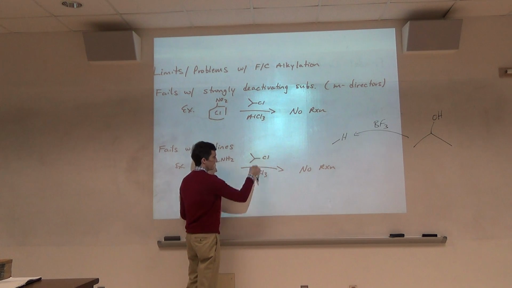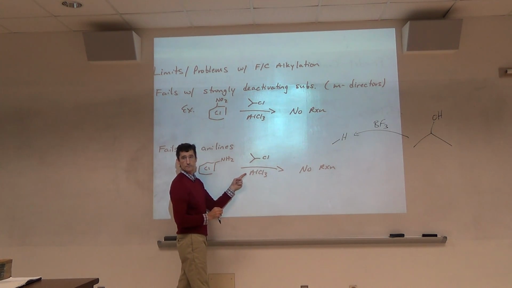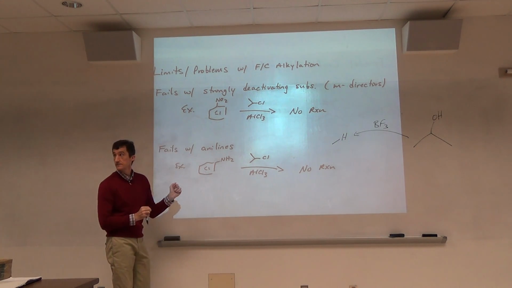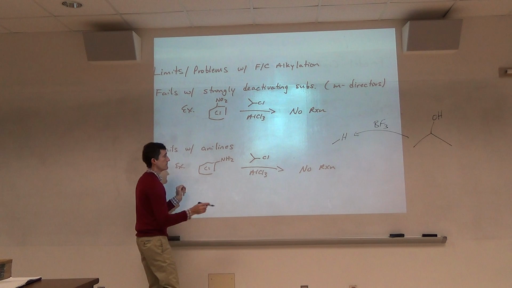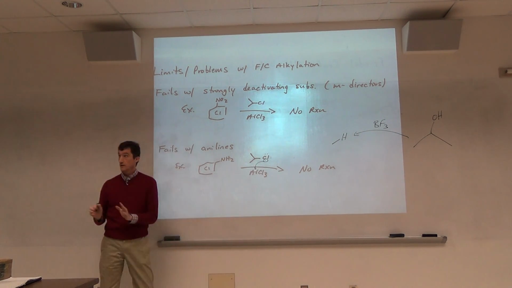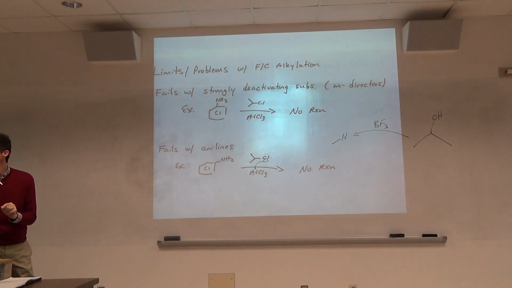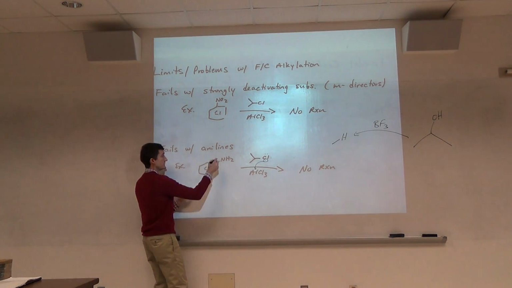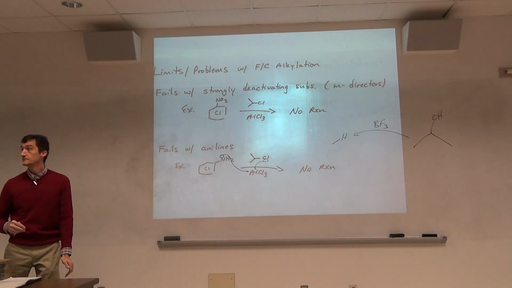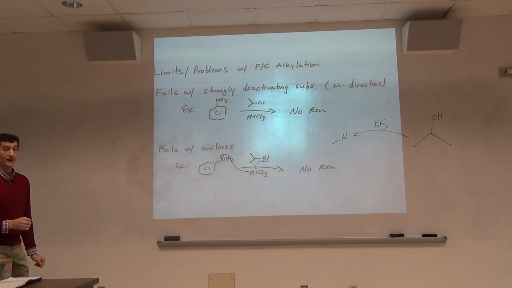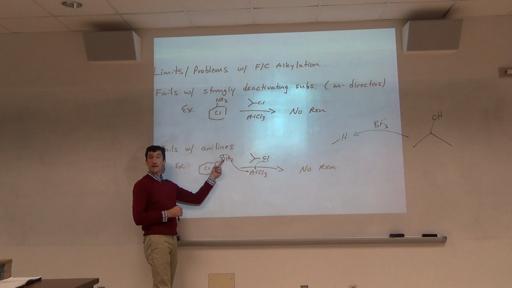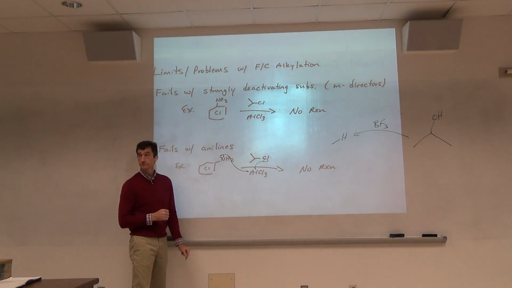But what's the first step of this mechanism? Coordinate, attacks the AlCl3. So these lone pairs coordinate with the aluminum. Do your acid-base chemistry, Lewis acid-base chemistry. What's to keep this lone pair from doing that? Absolutely nothing. The amine is basic enough that it will react with the aluminum.